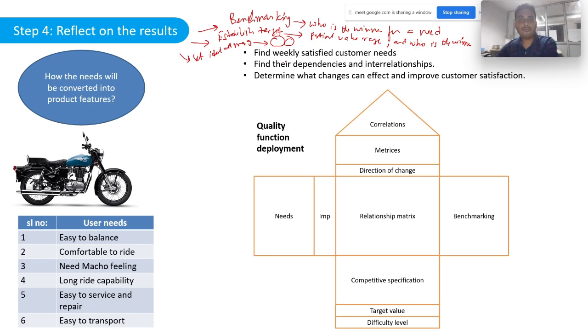In step 4, you try to understand if there are unsatisfied or unconsidered customer needs, because in the competitive analysis you did not consider those, or you gave a lower specification to them because your design goals may be different from what the competitors are providing.